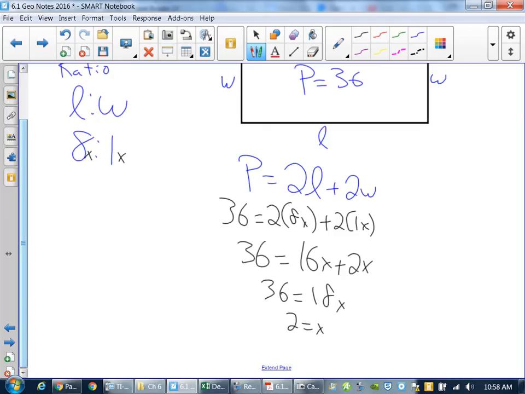So now that tells you your value of x is 2. That's that common multiplier. But to get the side lengths, what do you do? Just multiply it back in.